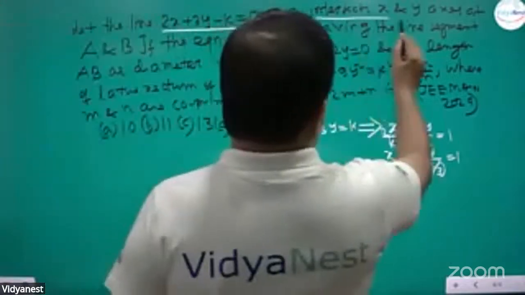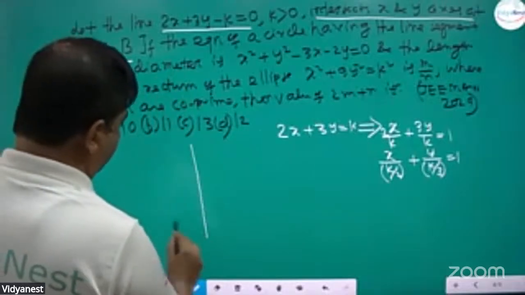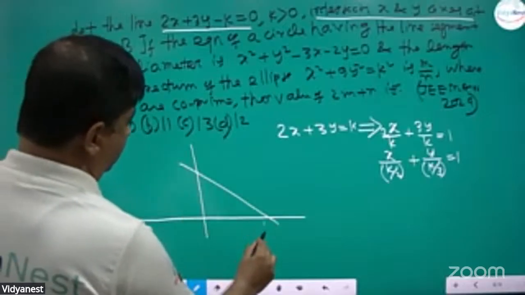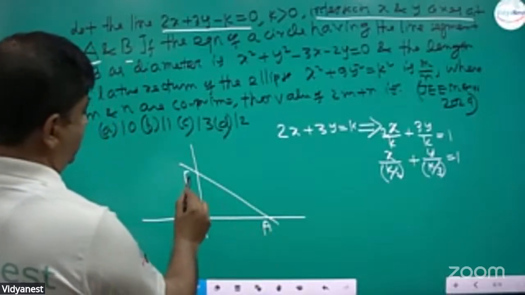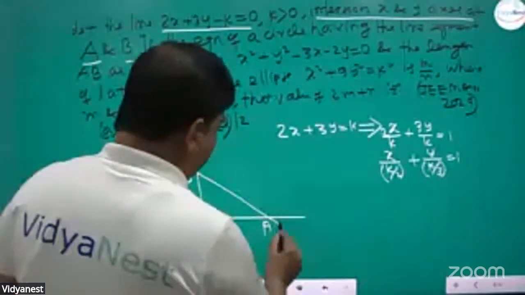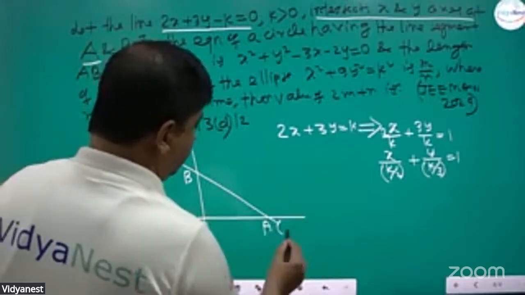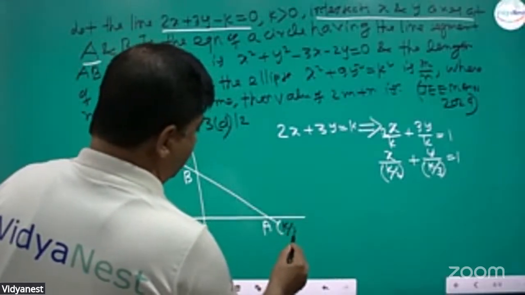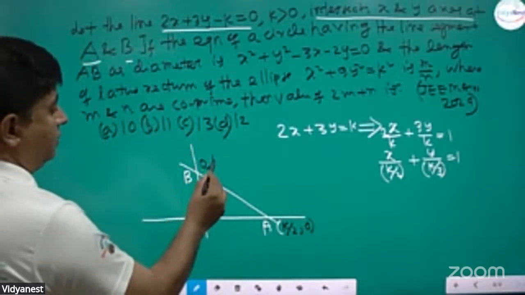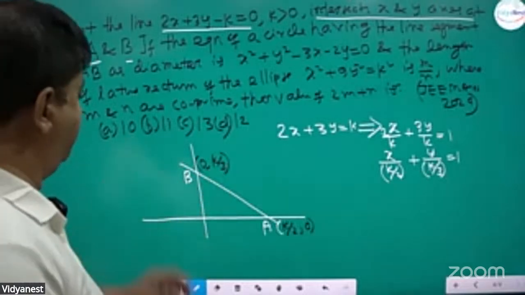It intersects x and y axis at A and B. Draw the figure. This is A, this is B. By intercept form, this point is k by 2 comma 0, and this point is 0 comma k by 3, as we are taught in straight line.